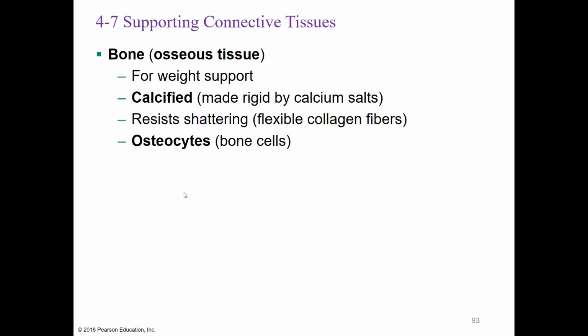In addition to the calcium salt in the matrix, we will find flexible collagen fibers. And that makes bone resistant to shattering. So we've got calcium and collagen making up the matrix. And then we've got the specialized cells, which in this instance would be bone cells, called osteocytes.